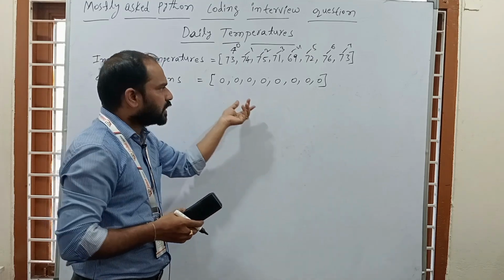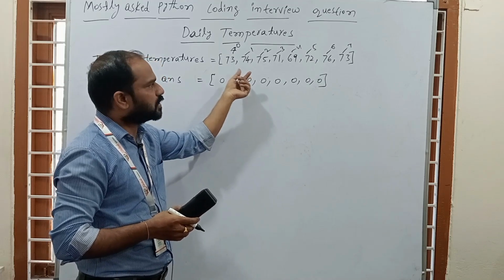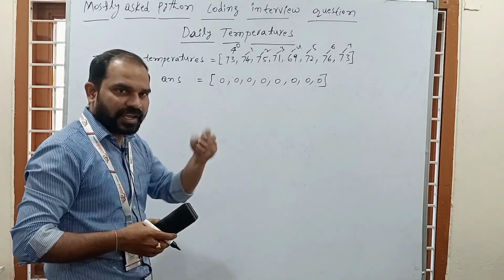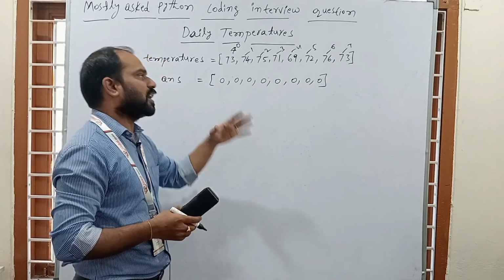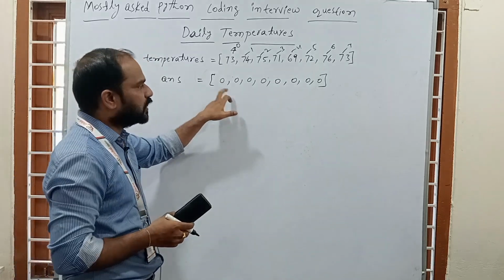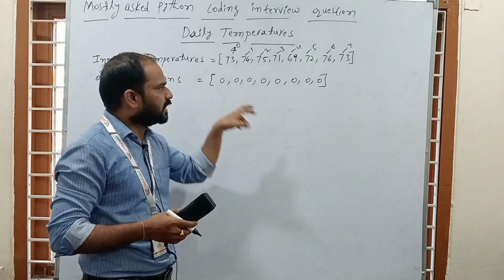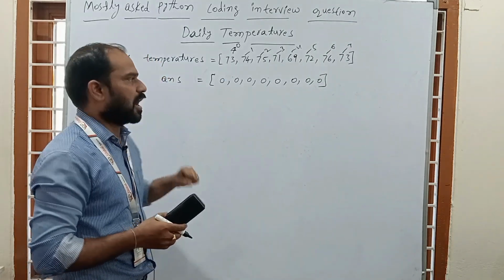That's why we are creating a list with the same number of elements as the input list, with the default value 0. So if we find any days, meaning number of days, then we are going to append that value into this list, not append. We are going to modify the value in this answer array.